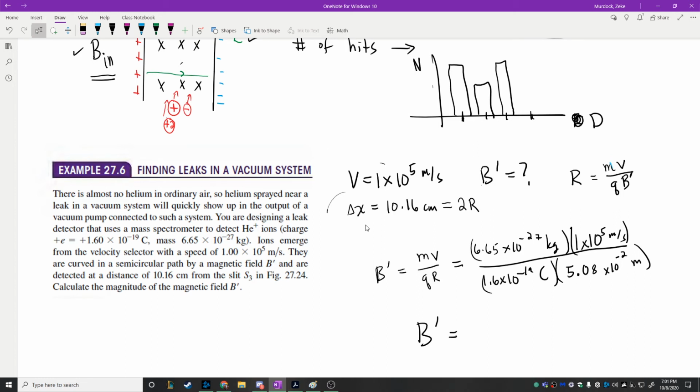I got something like 0.08 something. Does that sound right? 0.082, we'll say. 0.082 Tesla. This is a very small magnetic field. It doesn't take a large object to make that, so supposedly this could be a very compact device, because the size of the magnetic field needed is really small.